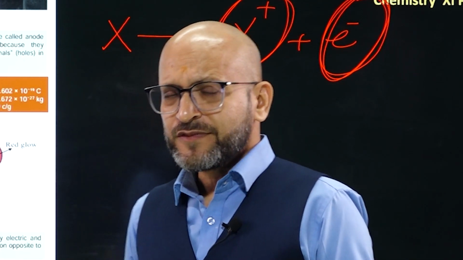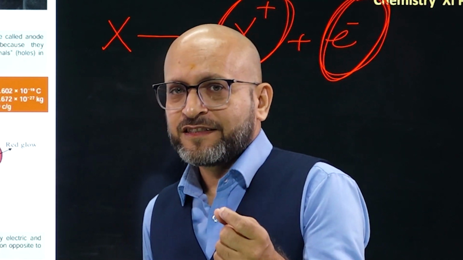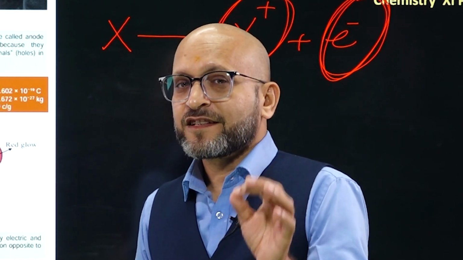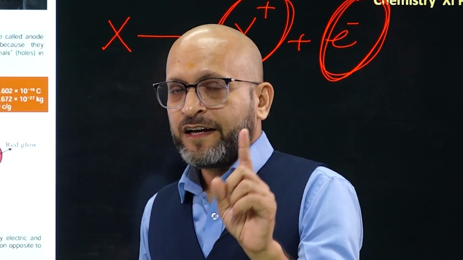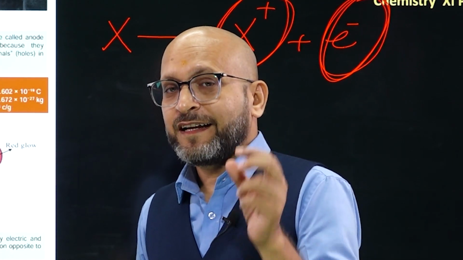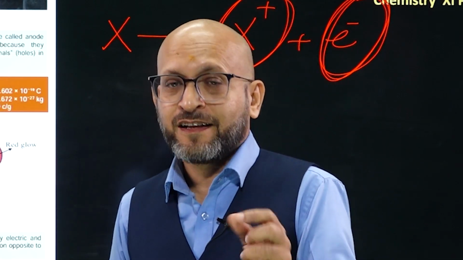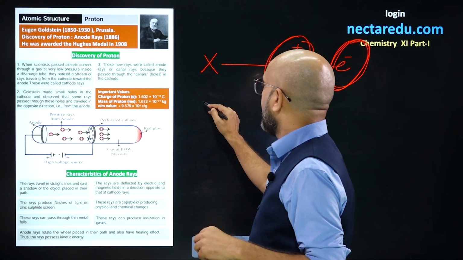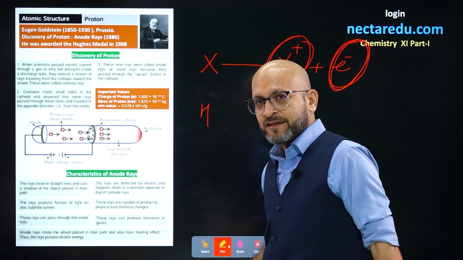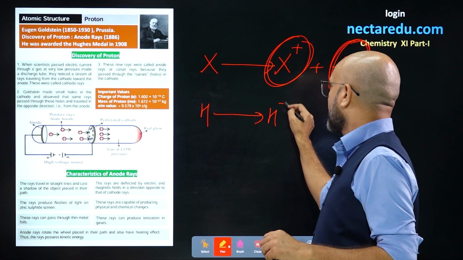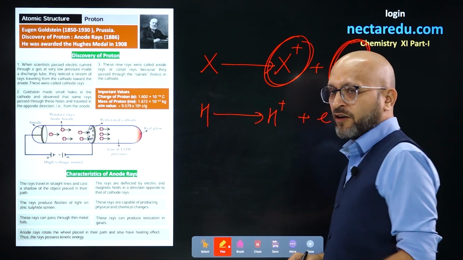Now, the properties of anode rays: anode rays consist of positive ions. If you take hydrogen gas, it will have an H plus ion as well as an electron.